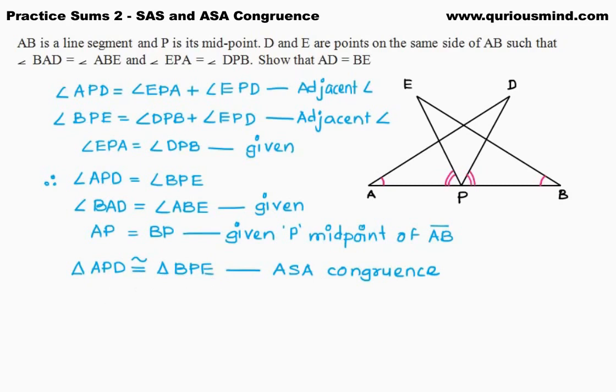And because these two triangles are congruent, their corresponding parts are also congruent, and hence we have proved what we wanted. AD is equal to BE. Let's move on to the next sum.